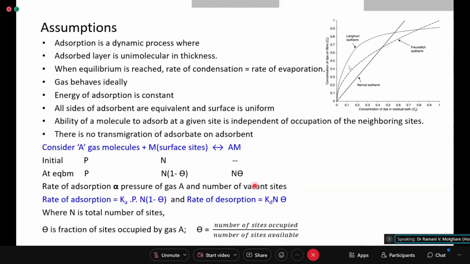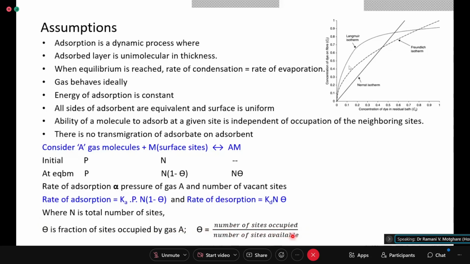Ka is the forward reaction, adsorption taking place, and Kd is the backward reaction. The reverse reaction is desorption, Kd n theta, where n is the total number of sites. Theta is the fraction of sites occupied by gas A, so theta is the number of sites occupied over the number of sites available.